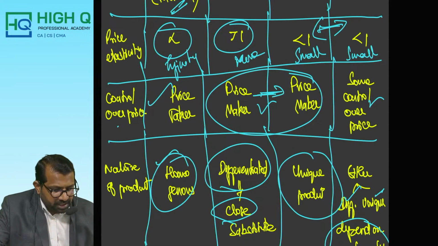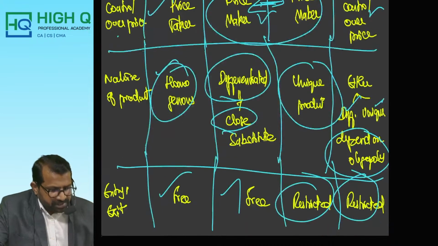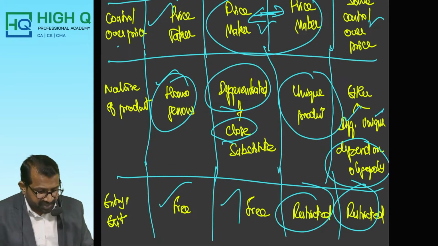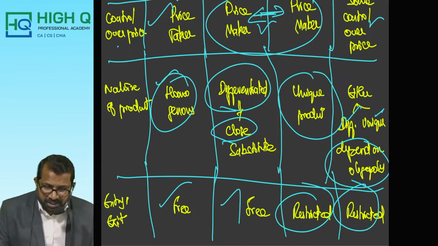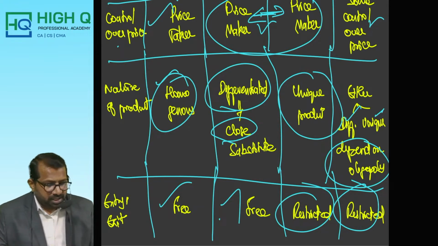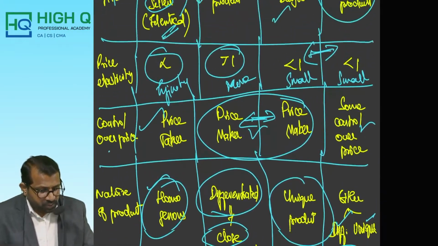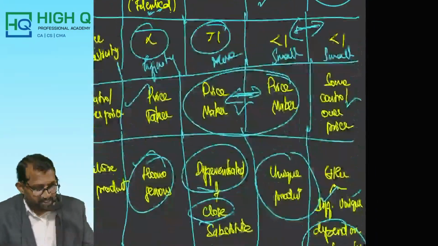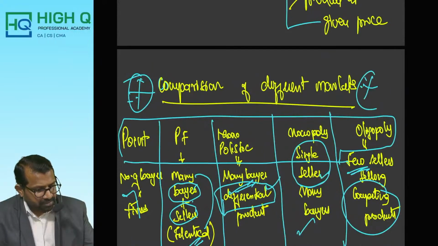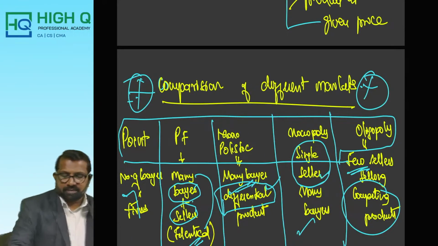As I told, monopoly and monopolistic competition are the same for price control, monopoly and oligopoly are the same for price elasticity, and the same way for entry and exit. Perfect competition and monopolistic competition are free, but it is restricted in the rest of the two, monopoly as well as oligopoly. So this diagram is very much important for examination.